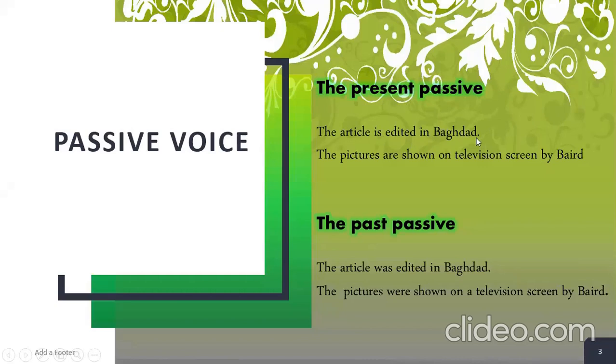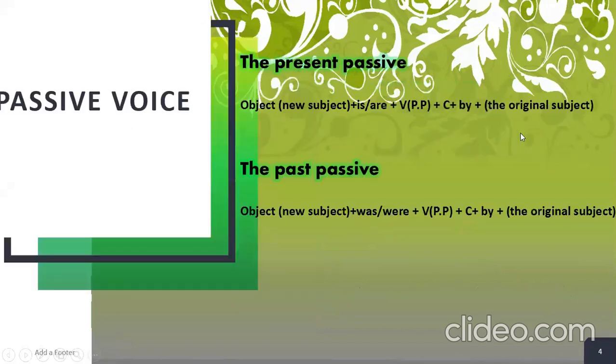Here we can say the article is edited in Baghdad by Ahmed. So I think it's clear. And the same case is applicable to the past passive. But the difference is that the verb to be, we should put it in the past form, which is was or were, instead of is and are, right? So I think it's clear.